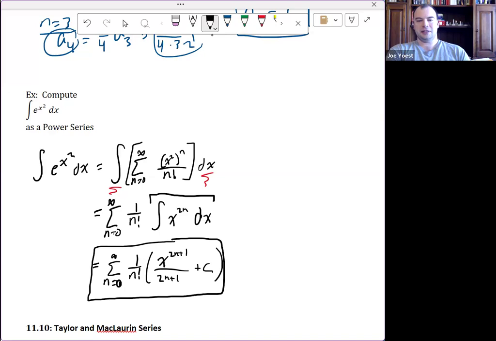So it's certainly not the nicest looking function ever, right? It's not in what we call a closed form. You can't write it as a finite combination or composition of things like power functions, exponentials, trig functions, that kind of thing.